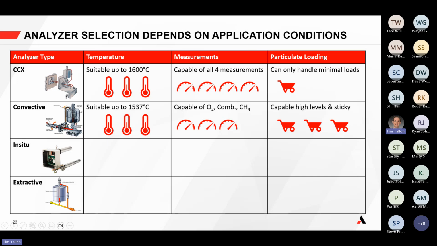Now, that being said, it has been proven and capable in high particulate, sticky particulate, dusty applications. So it can really handle the full range of high particulate within the constraints of different processes that we've seen.